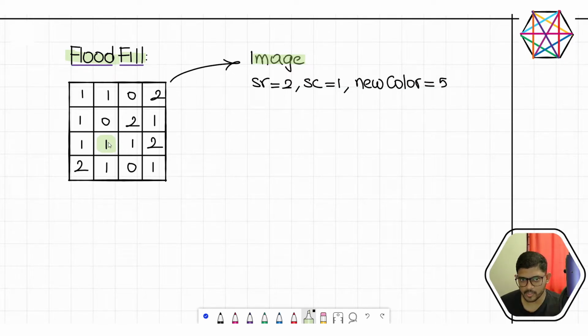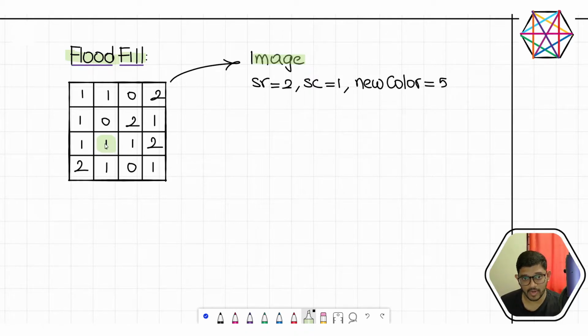So whatever happens to be its color, in this case the color 1, we will be checking all the 4 pixels which are adjacent to it, up, down, left, right. And out of these 4 adjacent cells, whichever happens to have the same color as that of the starting one, we will change it to the new color.